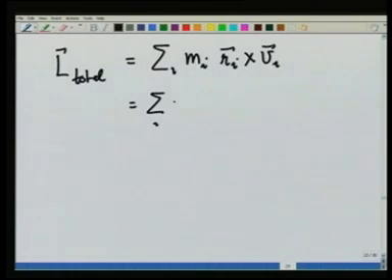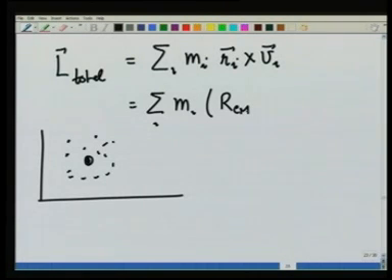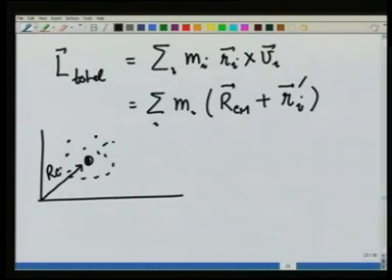as, let me just make a 2-dimensional plot. This is the center of mass of a distribution of particles. I will call center of mass coordinate R_CM, and the coordinate of the ith point particle with respect to CM as r_i prime. So, this is R_CM, and with respect to this the point is given at r_i prime, and this is r_i.